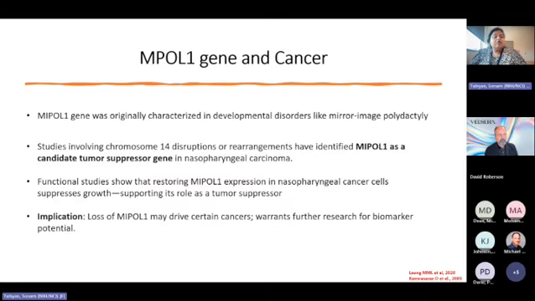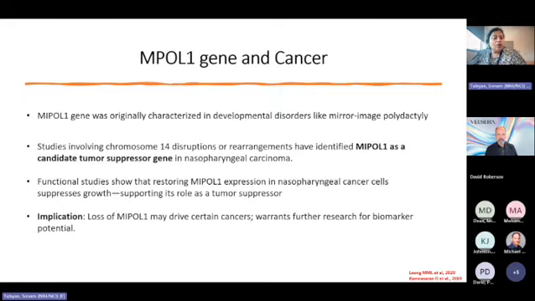When I looked into the functional relevance of these genes, I found that the MIPOL1 gene was originally characterized in developmental disorders like mirror image polydactyly, and studies involving chromosome 14 disruptions or rearrangements have identified this gene as a tumor suppressor gene in nasopharyngeal carcinoma.